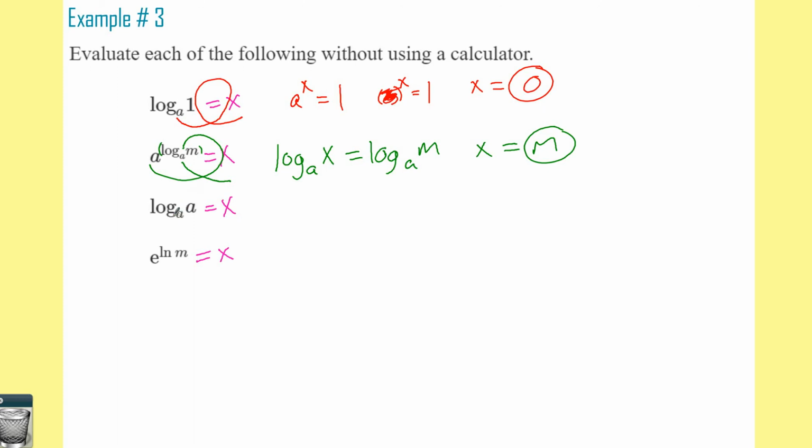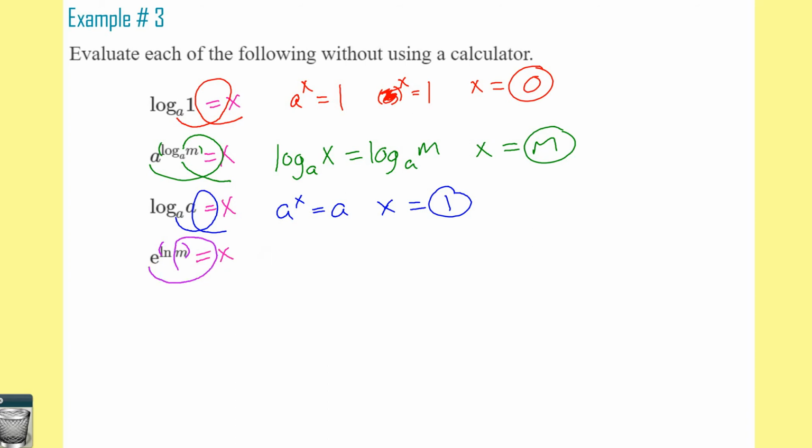Okay, so here we do another loop-de-loop. I'll change my color. Okay, so a to what power must equal a? Well, x must equal 1. All right, one more. This is exponential. e to what power equals x? So we rewrite it.